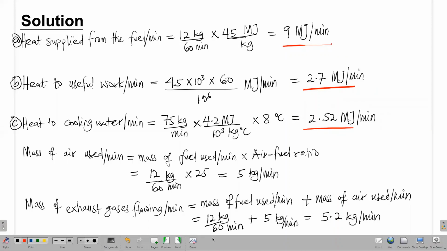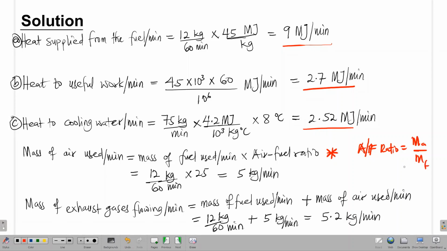The air. So the mass of air used per minute is equal to the mass of fuel used per minute times the air-fuel ratio. This is basically derived from the air-fuel ratio formula, where air-fuel ratio was equal to the mass of air over the mass of fuel.